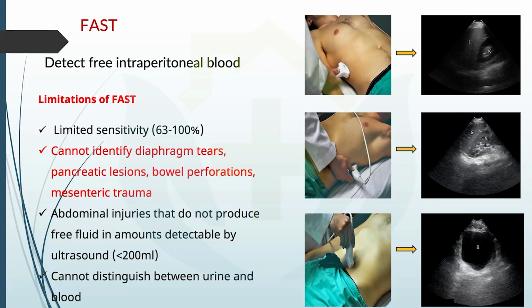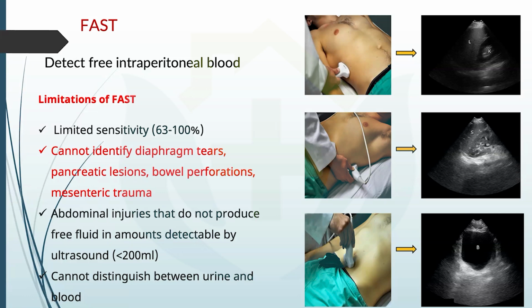But what are the limitations? Imagine you are doing an ultrasound on a patient to find out fluid in the abdomen. If you have a hollow viscus perforation, you might not get fluid. So it is unable to diagnose hollow viscus perforation or diaphragmatic tears. Secondly, sometimes it could be limited by the dressing or the patient's attire, etc. And it takes time for the fluid or blood to accumulate.